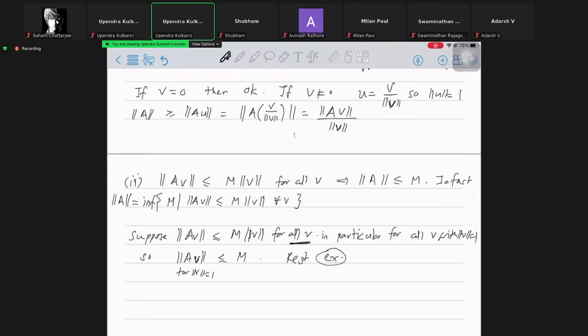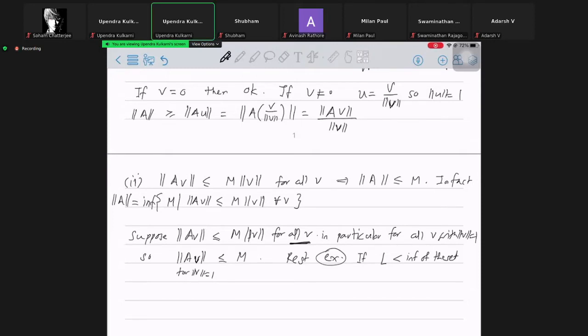That if I take a number that is less than the infimum of the set on the right hand side, if L is less than infimum of the set, then what should happen? It should no longer lower bound the set.